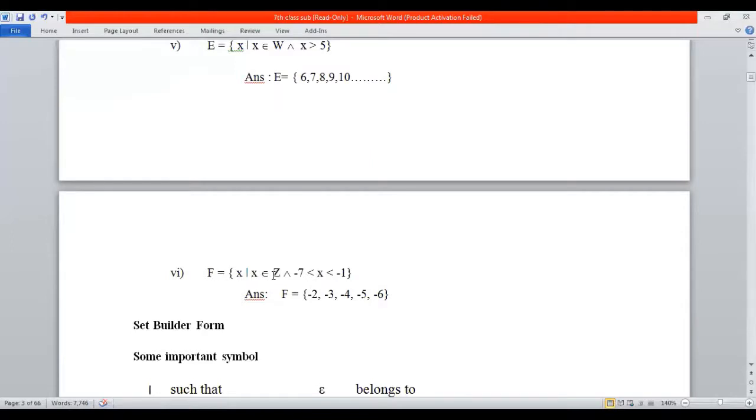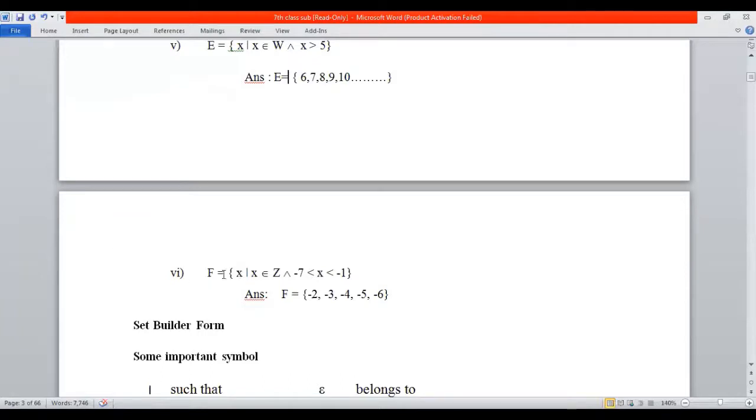x such that x belongs to Z. Z represents the set of integers. You know that in integers, all the positive and negative numbers are included, and 0 is also included. That is, the set of integers is 0, plus minus 1, plus minus 2, plus minus 3 and so on.